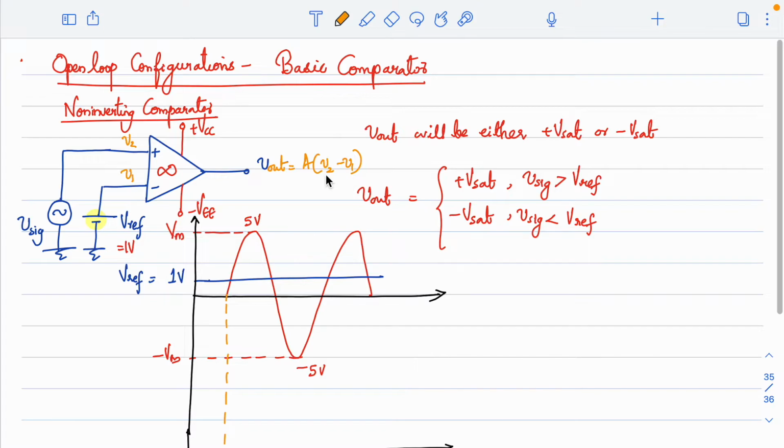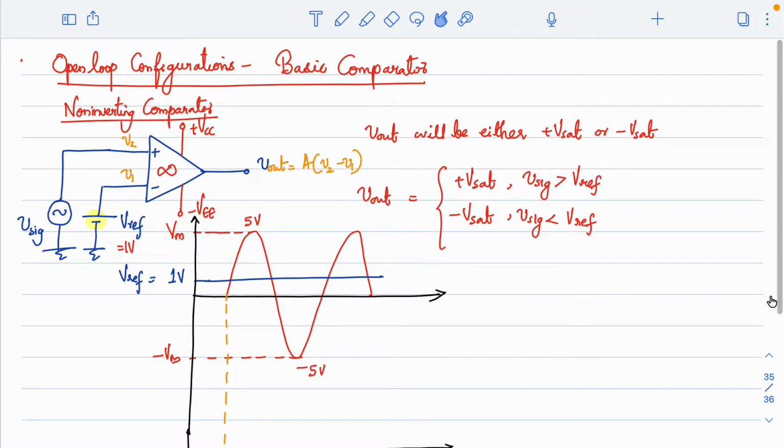Now, if the difference voltage V2 minus V1 is positive, output will be that voltage multiplied by A. Assuming A as infinity, output will also go to infinity, but it will be limited at plus Vsat. Now, if the difference voltage is negative, output will actually go to minus Vsat. That is how we should understand it, right?